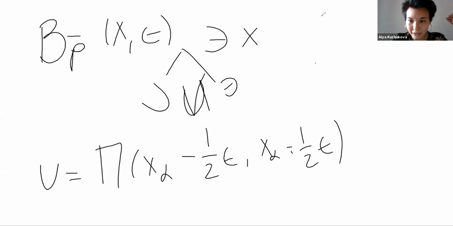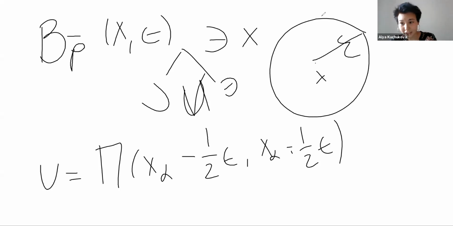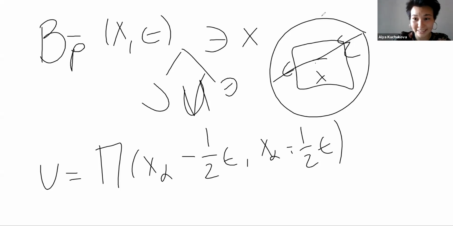We know that in any direction we have radius of epsilon around X. So now we would just make a box around X, but if the side of the box is epsilon and the diameter of this ball is 2 epsilon, it means that the box fits like this.